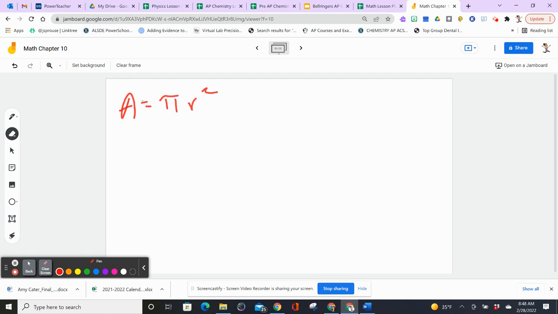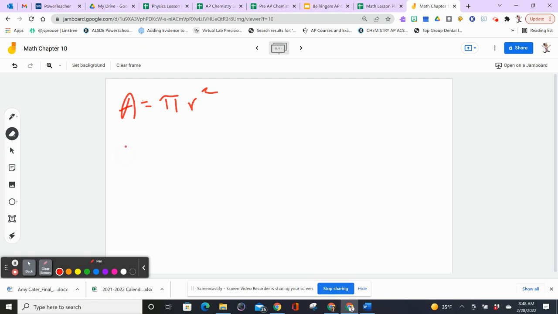The example says, which one of the following is the better buy? A large pizza with a 16-inch diameter for $15, or a medium pizza with an 8-inch diameter for $7.50. We're going to take the area of each one and see which one costs less per square inch.